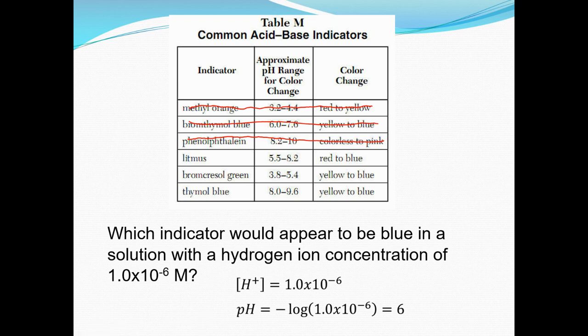Litmus at a pH of 6 is around the lower number, so that one is going to be red. That is not correct either. For bromocresol green, a pH of 6 is above the highest number, and at the top of this range it is going to be blue. So bromocresol green is going to be our answer.